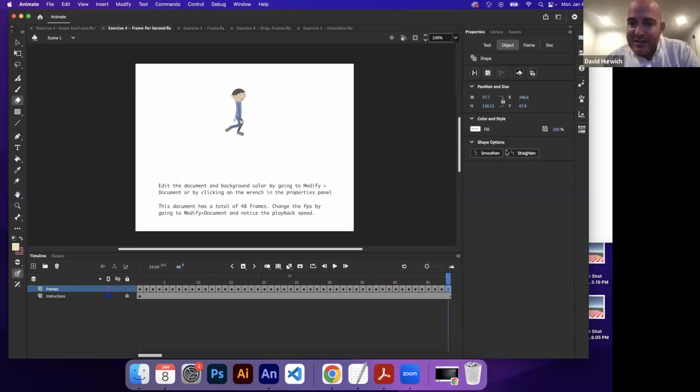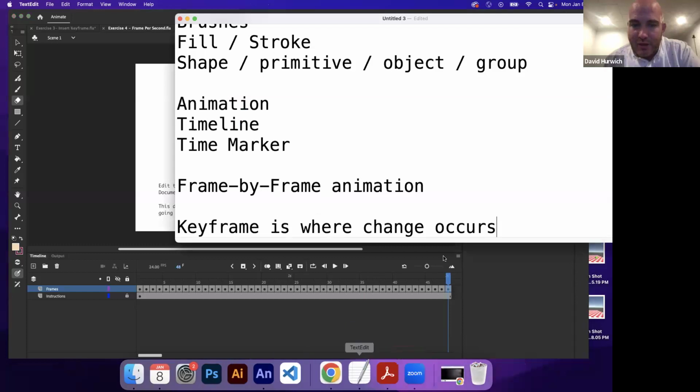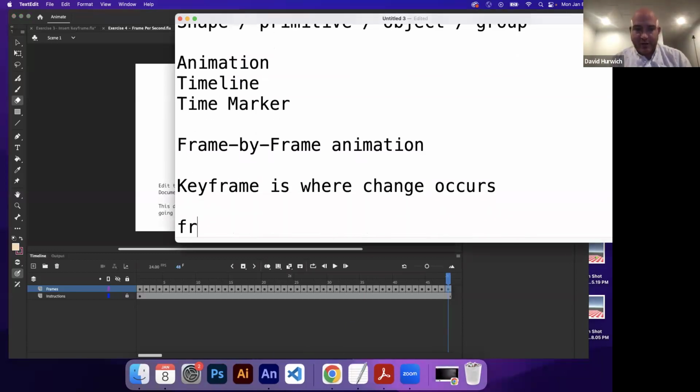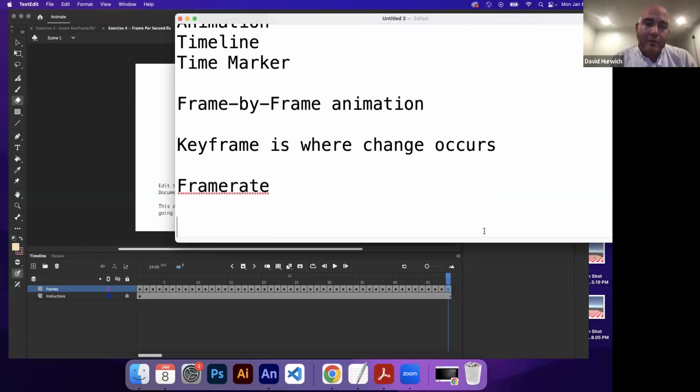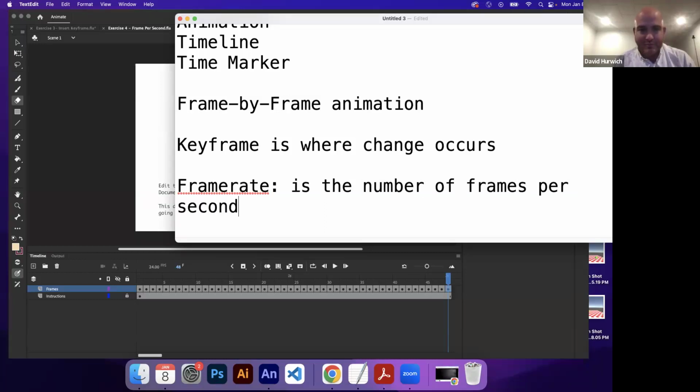All right, let's talk a little bit about frame rate. Frame rate, we talked about this a little bit last week, is the number of frames per second.